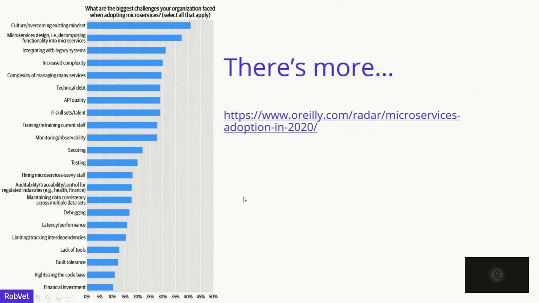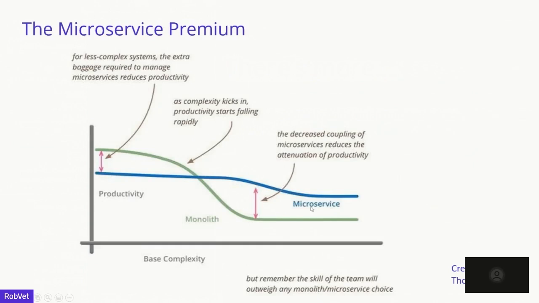So again, here's a slide from ThoughtWorks. ThoughtWorks is a premier IT consulting firm. I'm sure you've heard of them. They are thought leaders, I think, in the industry. They have a slide they call the Microservice Premium. I want to show you this.